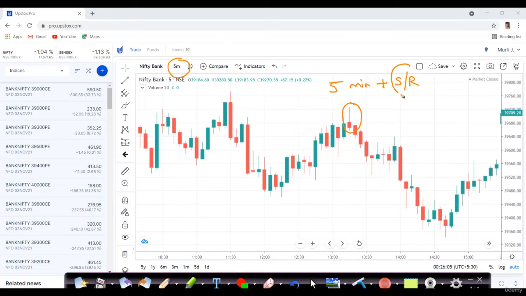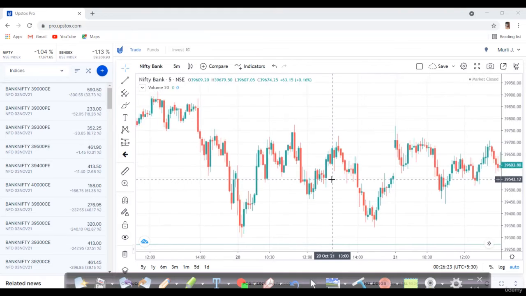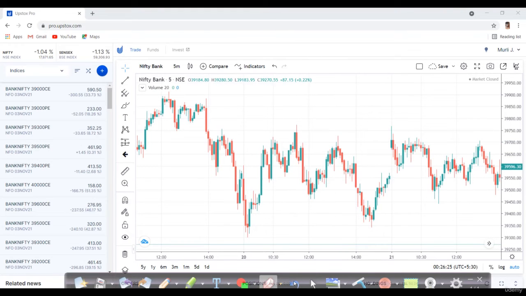What support is and how to draw support and resistance areas, we are covering in another topic. But just bear with me for a second: support area is the buying area, resistance area is the selling area in layman's terms. Now, how do I know it's a resistance area? I just need to zoom out the chart a little bit.